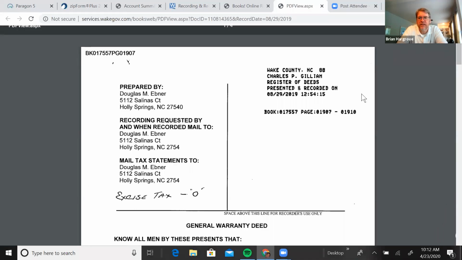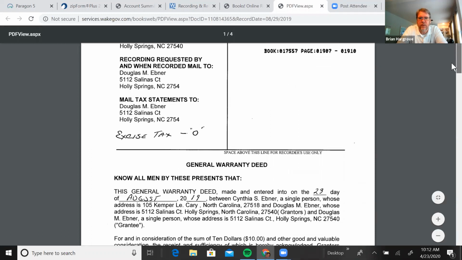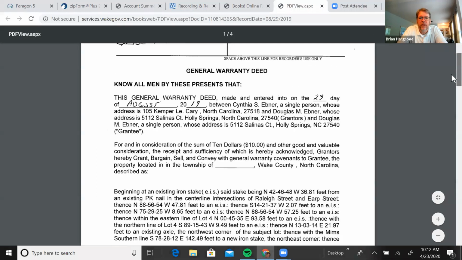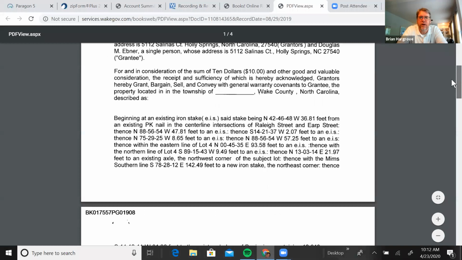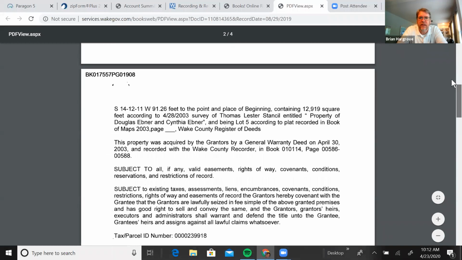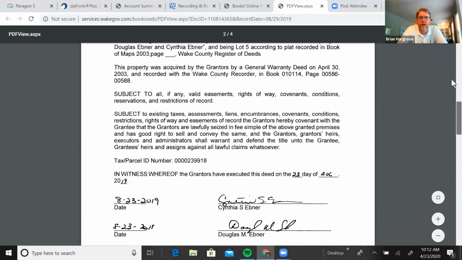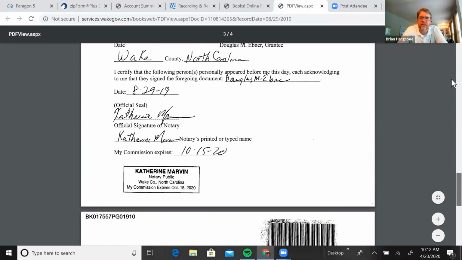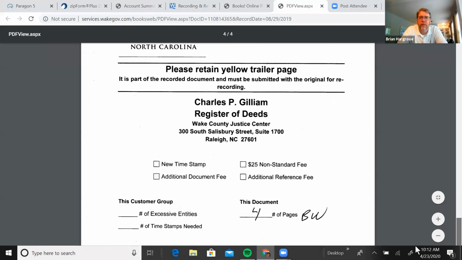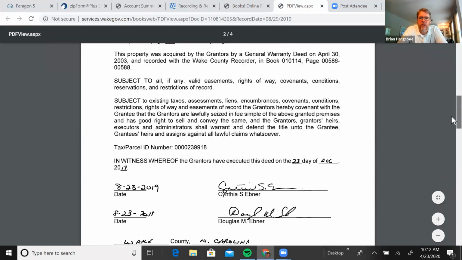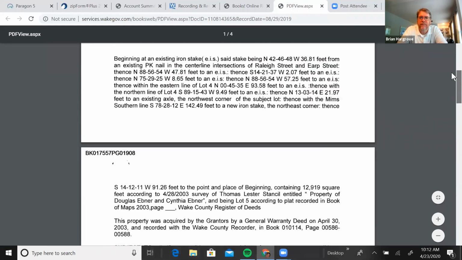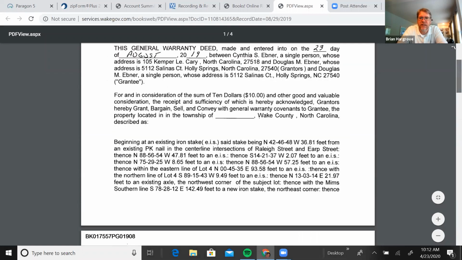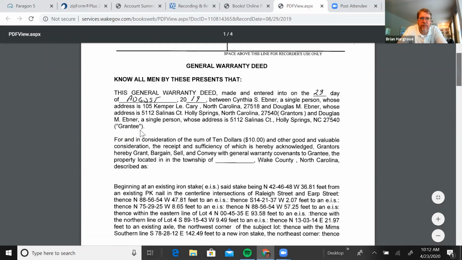And basically, again, this is going to be like a quick claim or something. But as I go through it, I'm going to realize that basically it's all under Doug Ebner, and in this case, Cynthia Ebner waived her rights to the property, right? But I can go through and just see that basically he's the only owner, right?